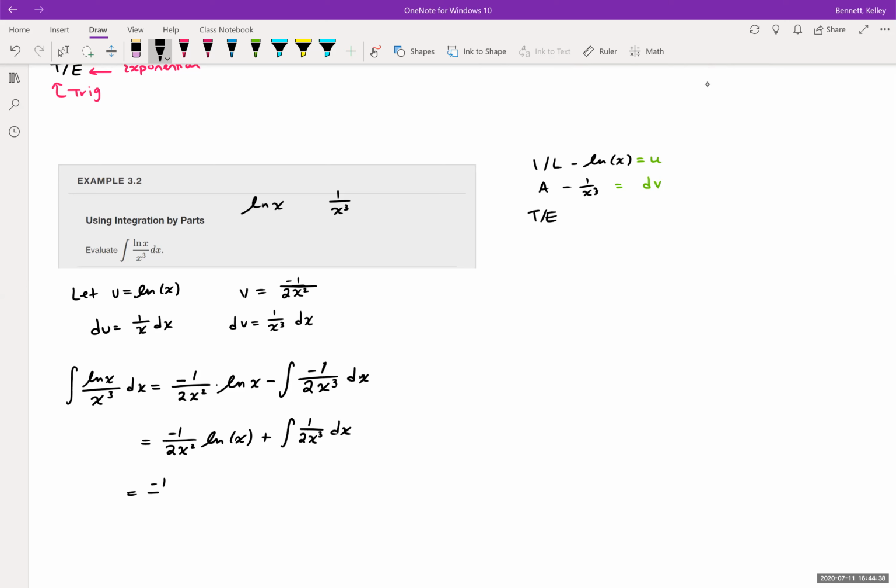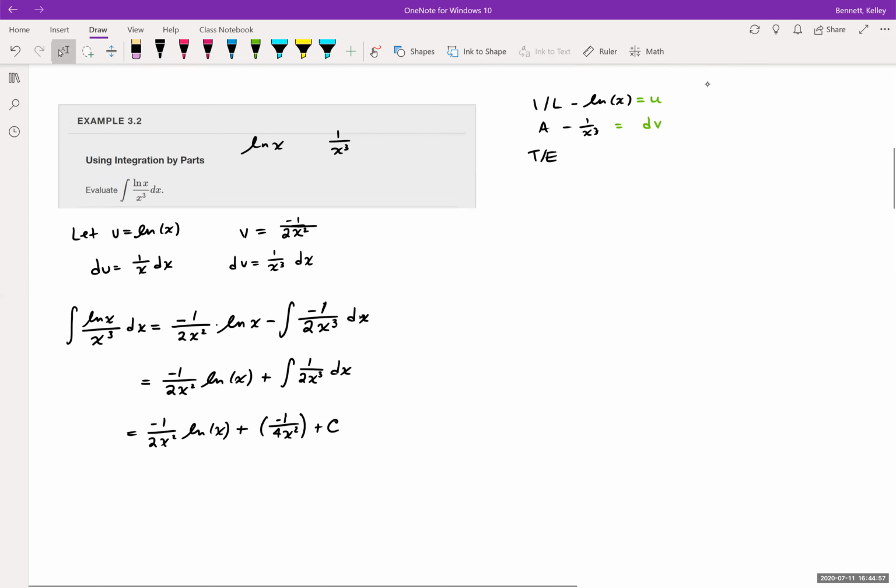Okay, so for my last step, I'm going to get negative 1 over 4x squared plus c. I could leave it like that, or I could go ahead and combine the signs. So negative 1 over 2x squared times ln of x minus 1 over 4x squared plus c.